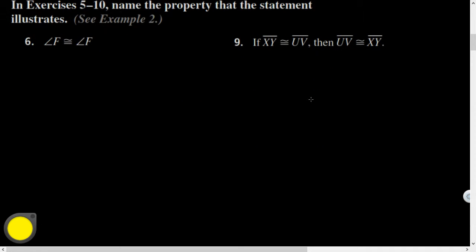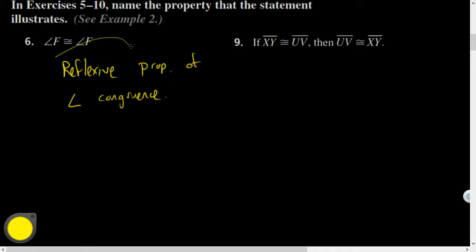Name the property that the statement illustrates. Question, comment, observation? Are you going to give me an answer? Reflexive. Man, that's crazy. Reflexive property, technically of angle congruence. But eventually I'm just going to be like, yeah, reflexive.